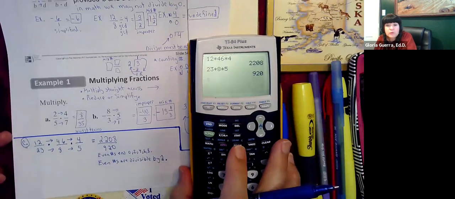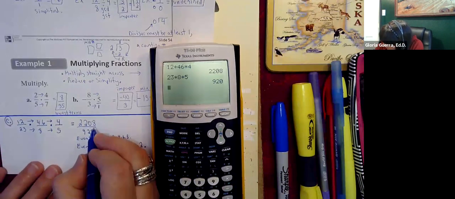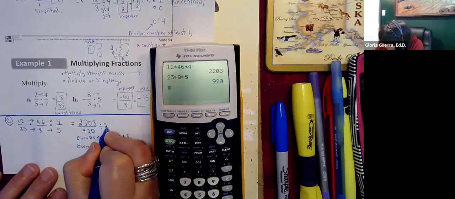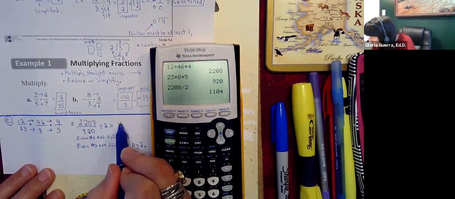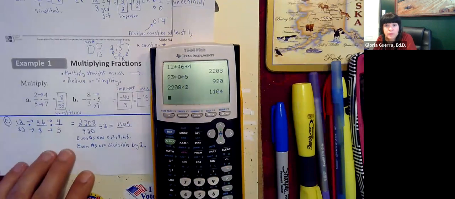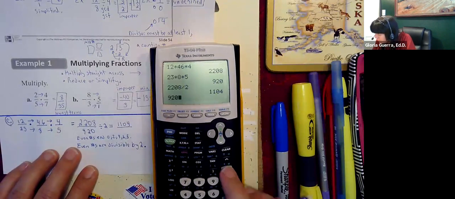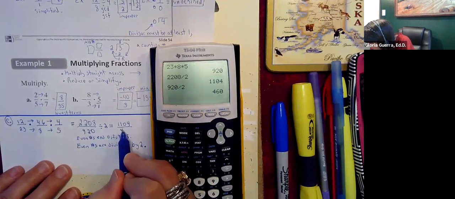Okay, so you're safe with starting with that. So if I show that divided by 2, 2,208 divided by 2 is still a big number and still an even number, 1,104. And 920 divided by 2 is still a big number and it's still even, 460.